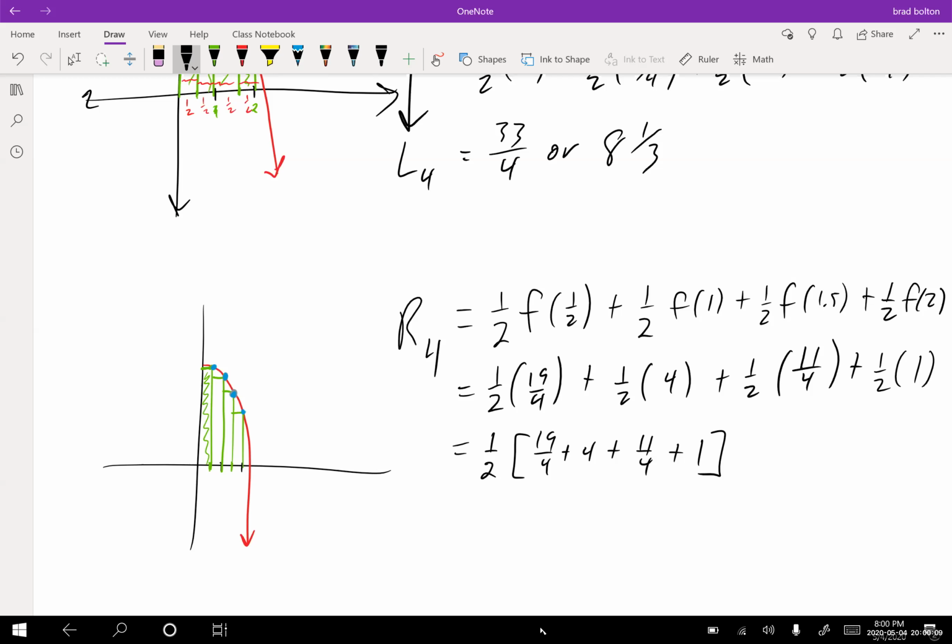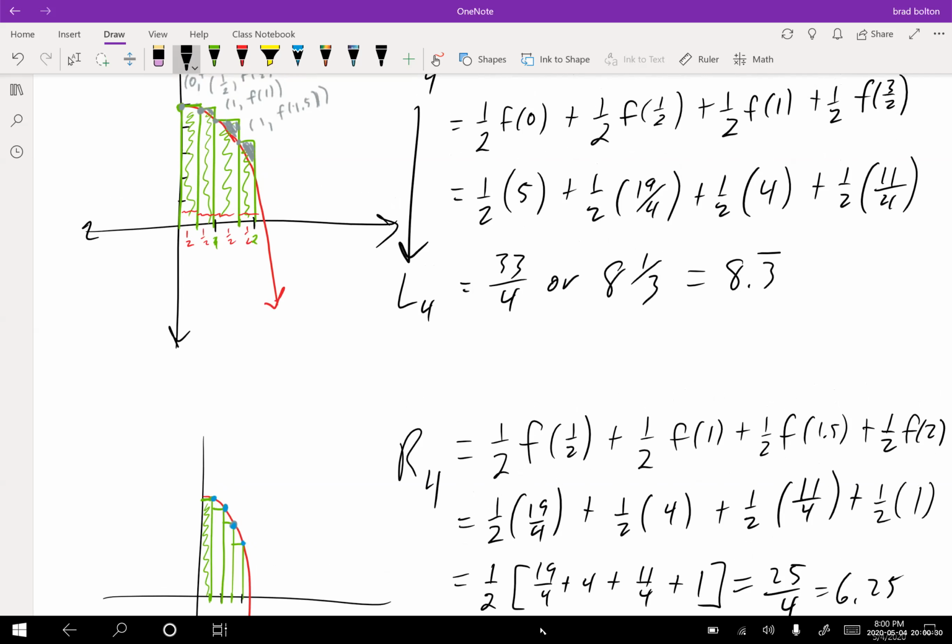So I'm going to do math frac, and then I'm going to multiply this times 1 divided by 2, and we get 6.25, which is 25/4. So this is 6.25, and this is 8.3 bar.